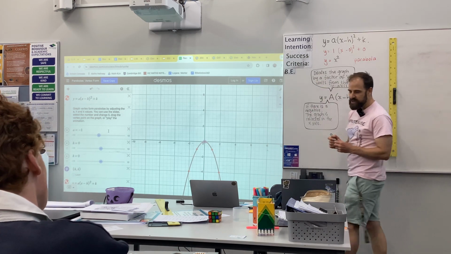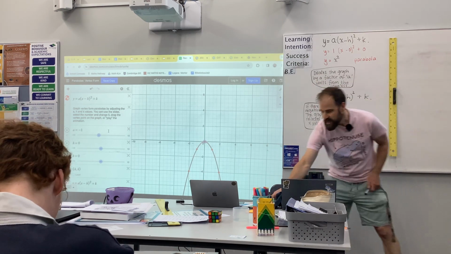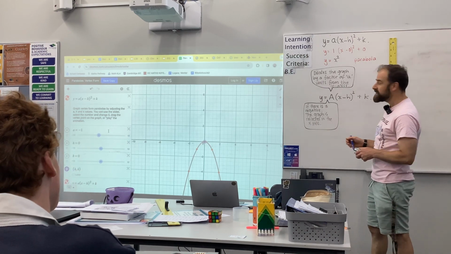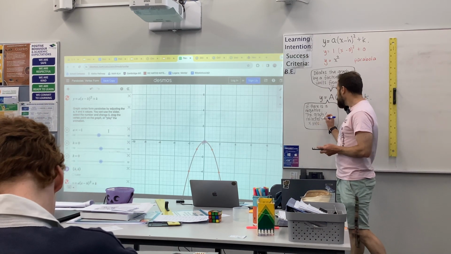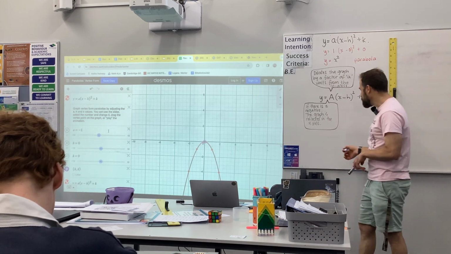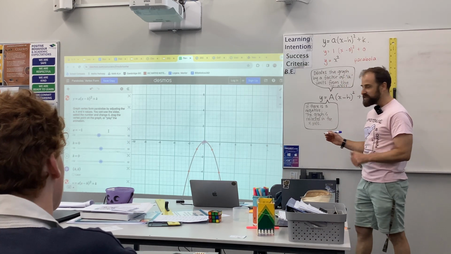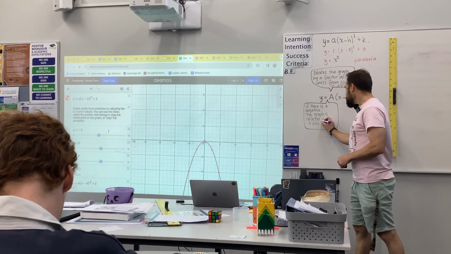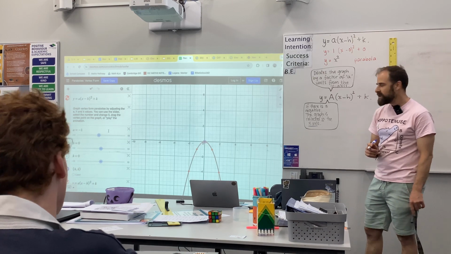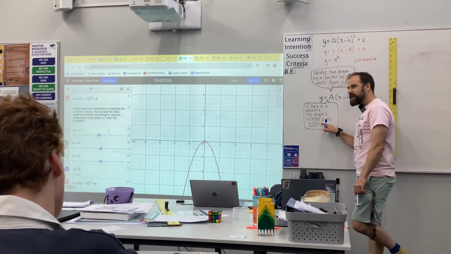Now in year 12 we do reflections in the y-axis. If you have a go at the past exam questions, you might come across one that's been reflected in the y-axis, because the past exam questions are supposed to challenge you and push you and help you learn new things, so I don't apologise for that. But for year 11 in the curriculum, we're focusing on reflections in the x-axis. Notice, this language is important.